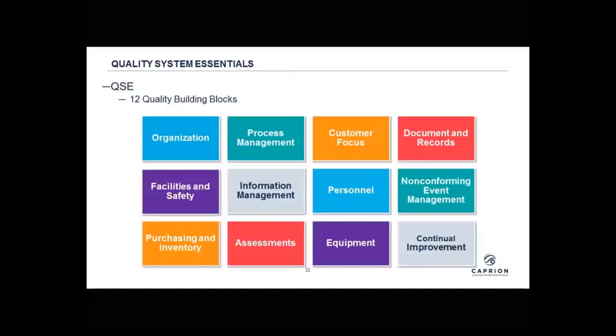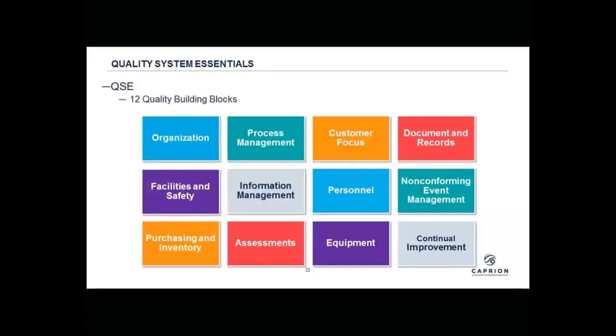So there are aspects that will look at your organization, your process management, your customer focus, documents and records, facilities and safety, information management, personnel, non-conforming event management, purchase and inventory, assessment, equipment, and continual improvement.